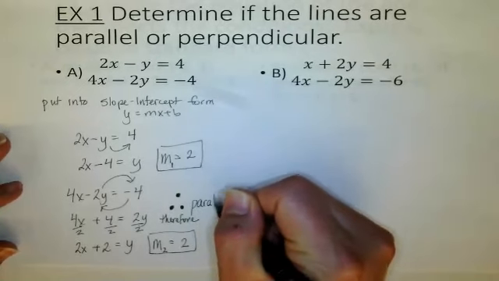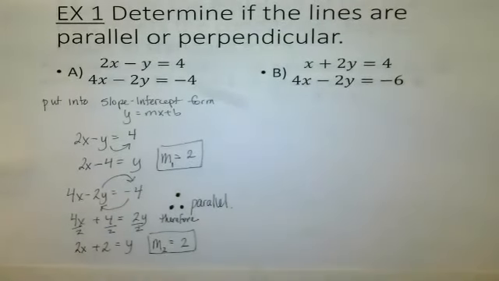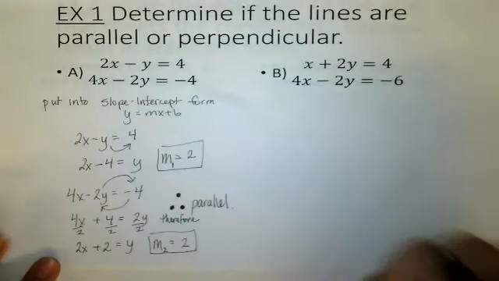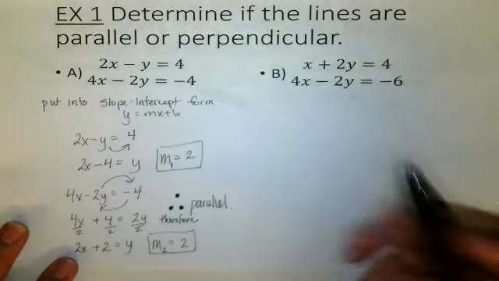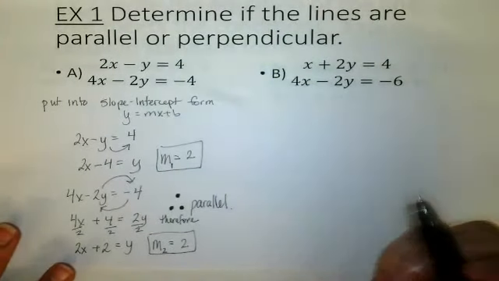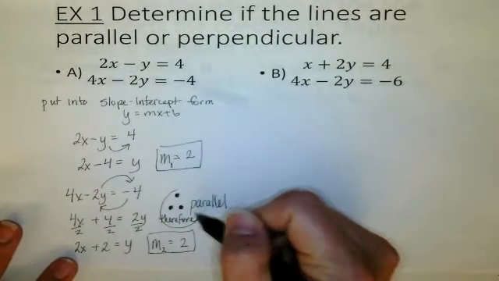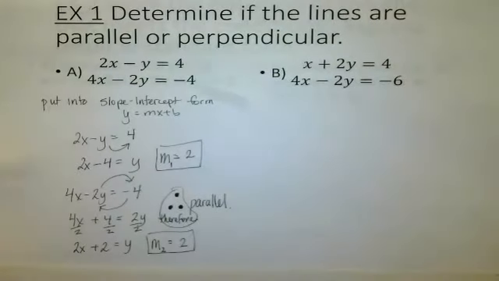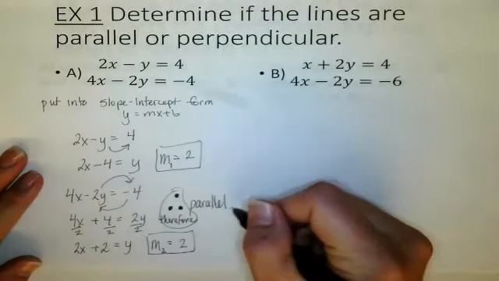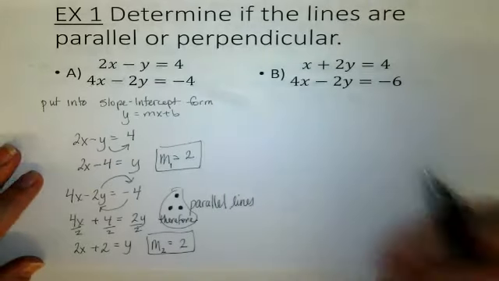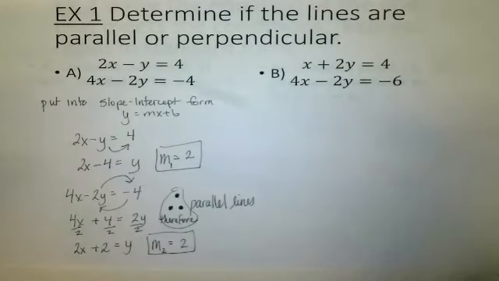Three dots and a triangle means therefore. So those three dots mean therefore parallel. Yeah, therefore, we have parallel lines.